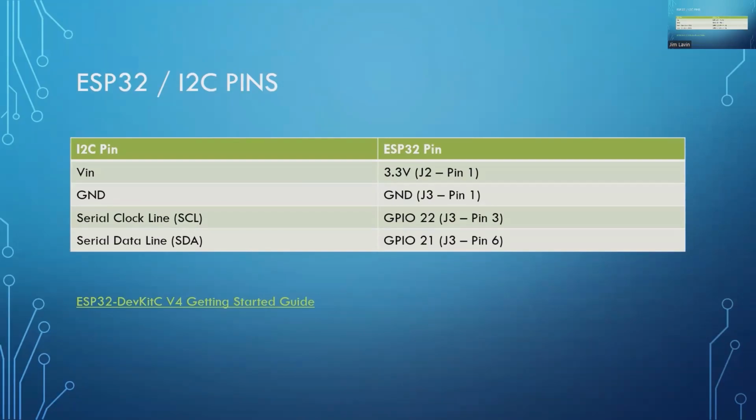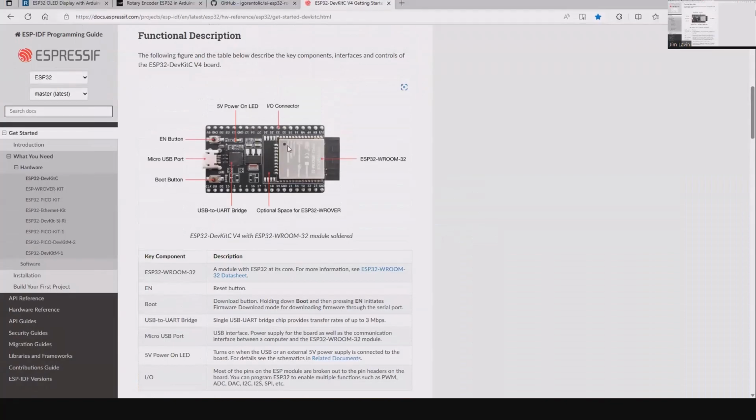Let's see if I can find it here. If you look down on the device, J2 is the one on the top here, which is to me the left because I'm always looking at it from the USB port, and J3 is the one on the bottom, which would be on your right.